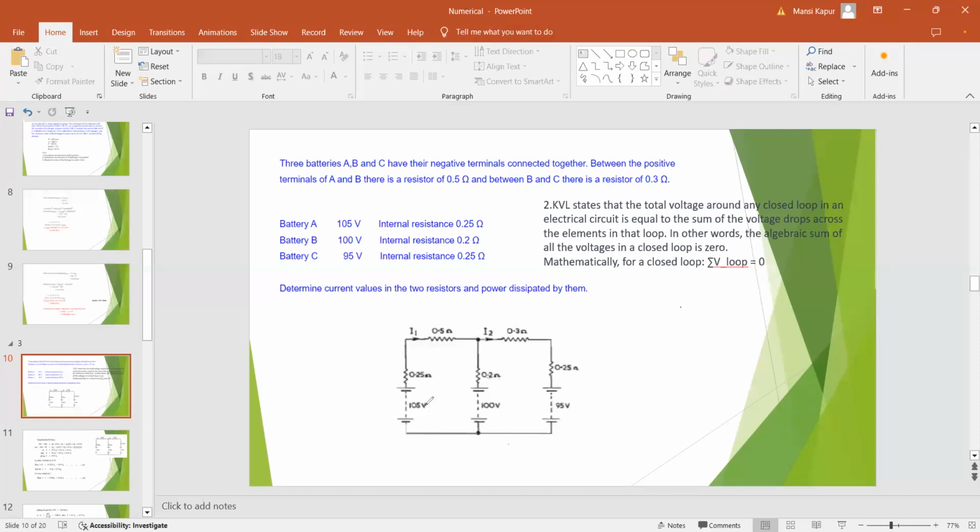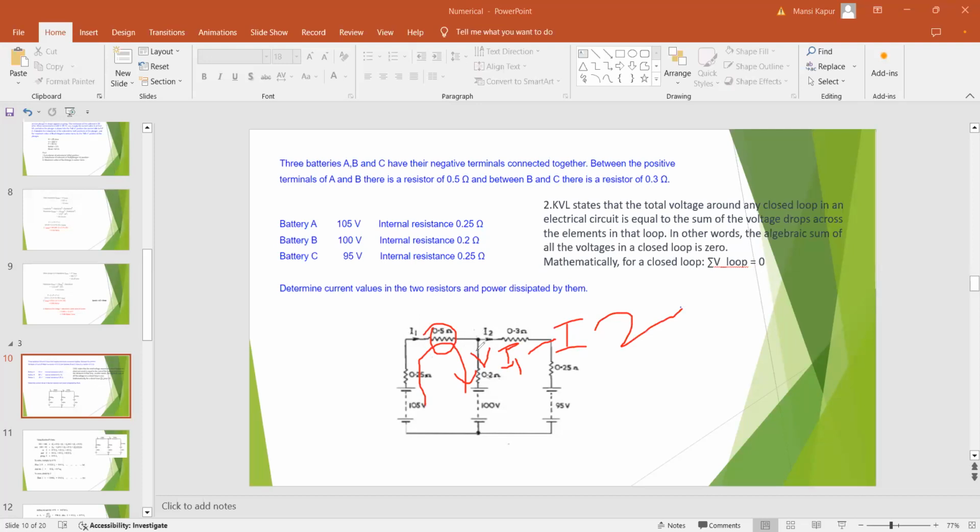You must be remembering we were calculating like this. I into 0.5. What current will be going in this line? I1 minus I2, right? Total current is I. Here these batteries are connected.